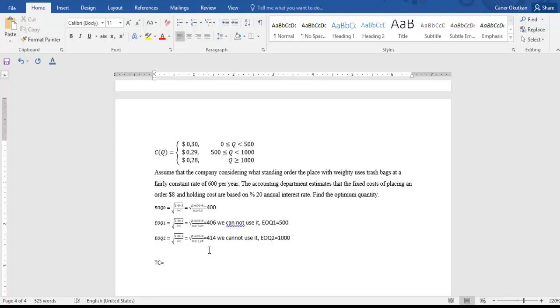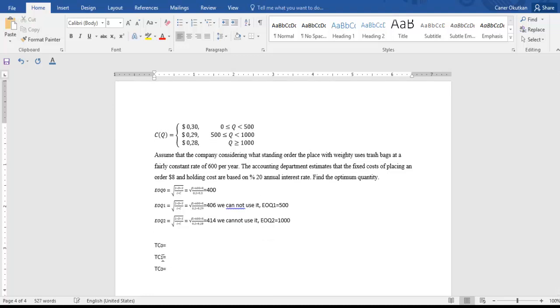Total cost production, we have to find total cost 0 and total cost 1 and total cost 2. We have to find this data.